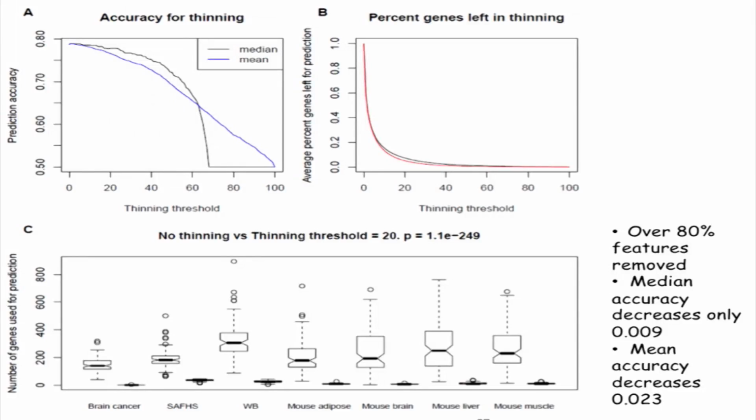However, if you have a thinning threshold of maybe 5, you suddenly end up with a drastic drop in the number of genes involved. So this is the average percent of genes left for the prediction for different thinning thresholds, and you notice it really goes down a lot. Here I show you when you have a thinning threshold of 20, while the RGLM may have involved 180 genes, suddenly you're down to a handful of genes.